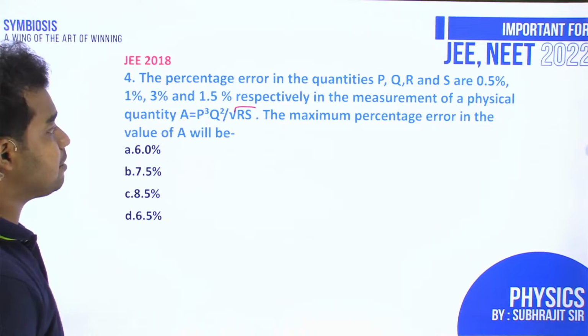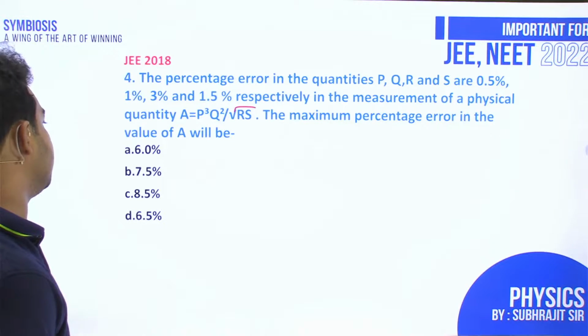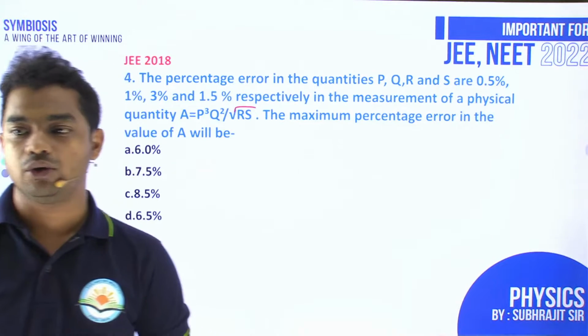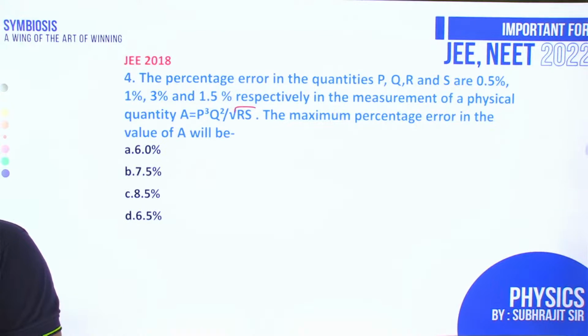The question is, the maximum percentage error in the value of A will be. Everyone do this. Those who are in live now, everyone do this. Four options are given on the screen. Everyone do this.